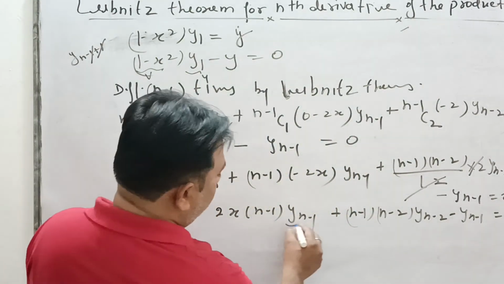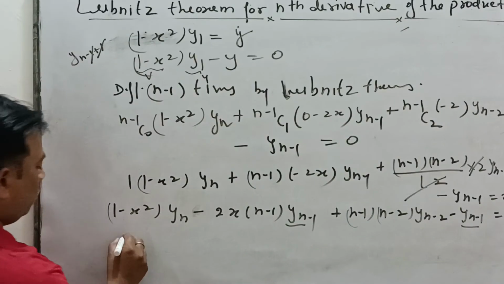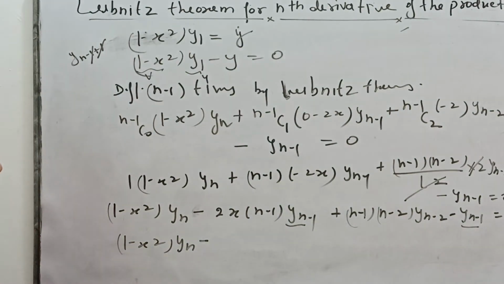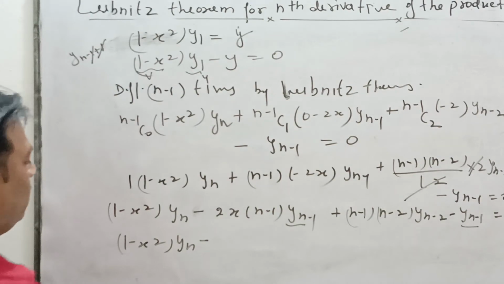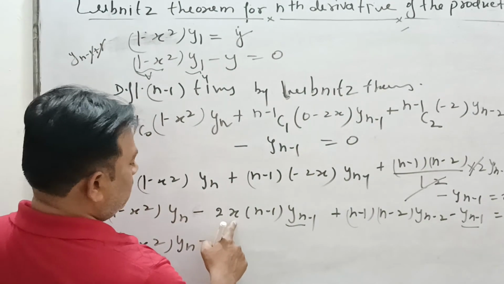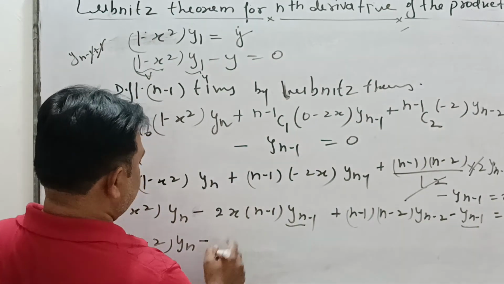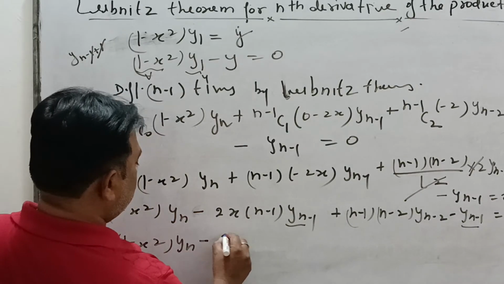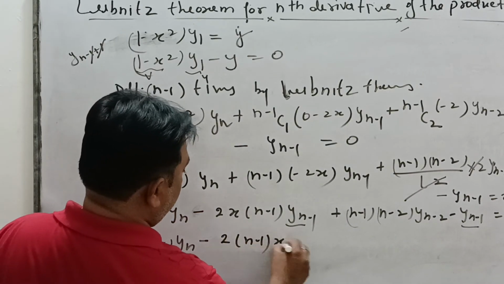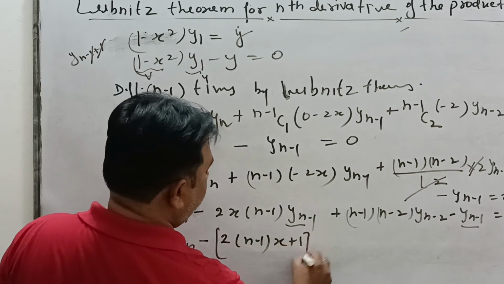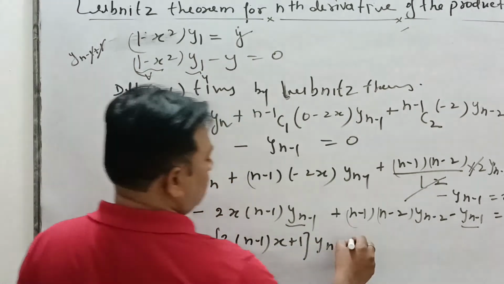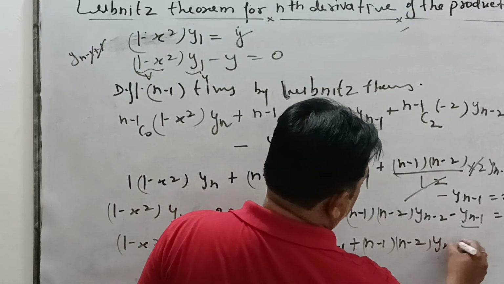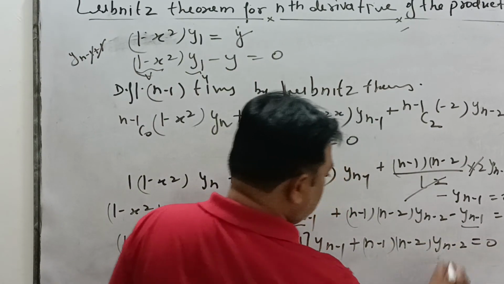Taking out the common y n minus 1, we get 1 minus x square yn minus 2 n minus 1 into x plus 1 times y n minus 1, plus n minus 1 n minus 2 y n minus 2, equals 0.